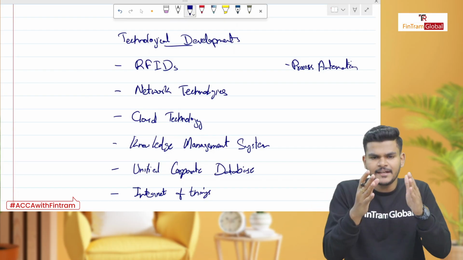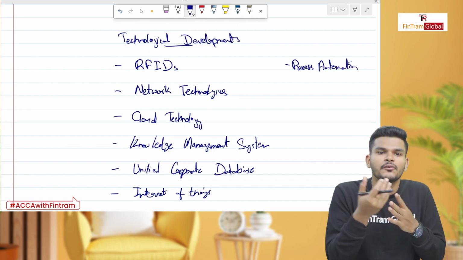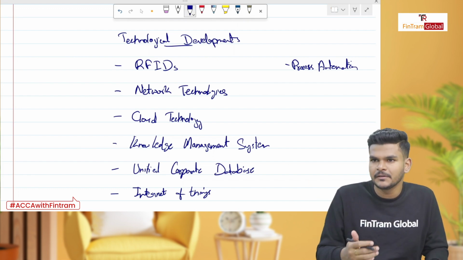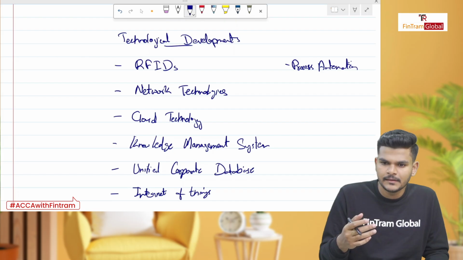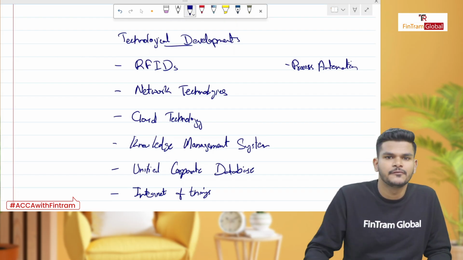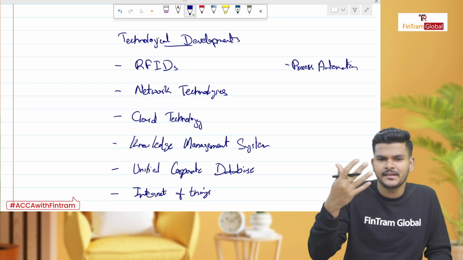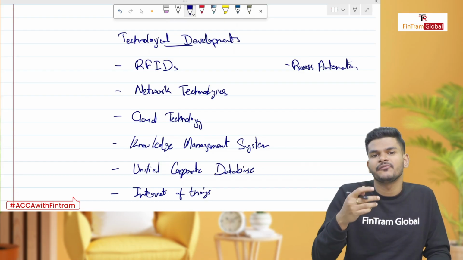They identify what is core and non-core, and it depends on different businesses. For example, let's say one of the big four firms. The core activity of any big four firm, be it Deloitte or EY, is to provide professional services.